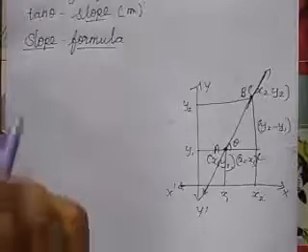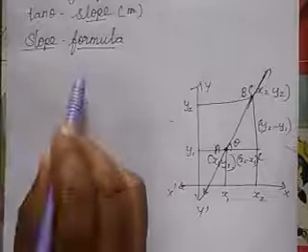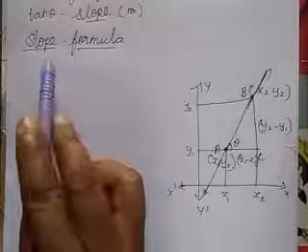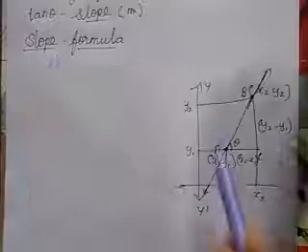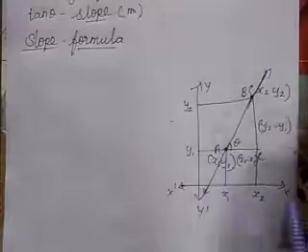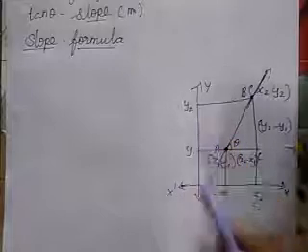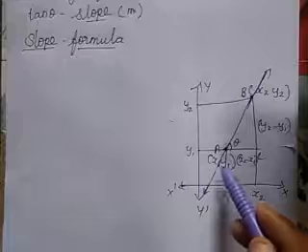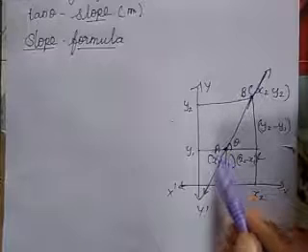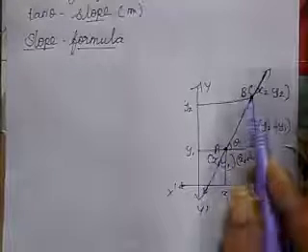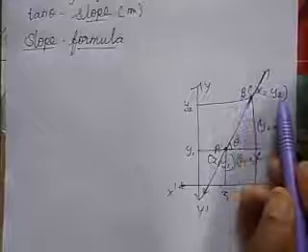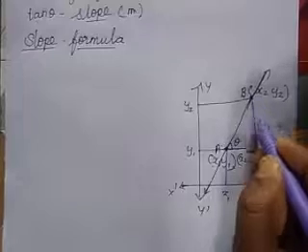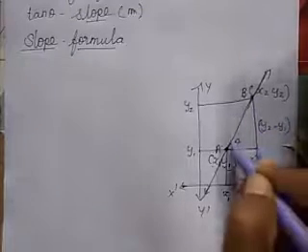Now shall we see the slope formula? You already know that tan theta is the slope. So I drew one figure, this is x dash, y dash. Two points are there on one line. The points are A (x1, y1) and B (x2, y2). So I join the line with one triangle. This is theta.